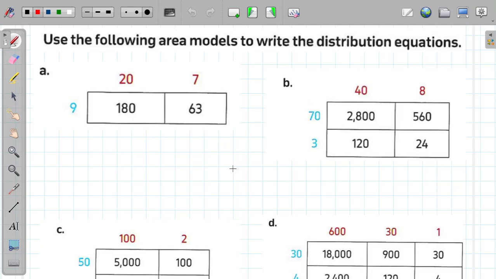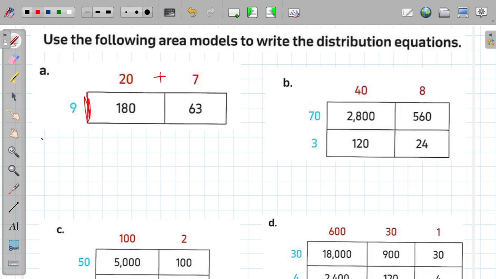Next, I want to use the area model here to write the distribution equation. But how? The first one here says I have an area model and the first side here is just 9 and the second side is 20 plus 7. So I wanted to multiply 9 by 20 and 9 by 7.